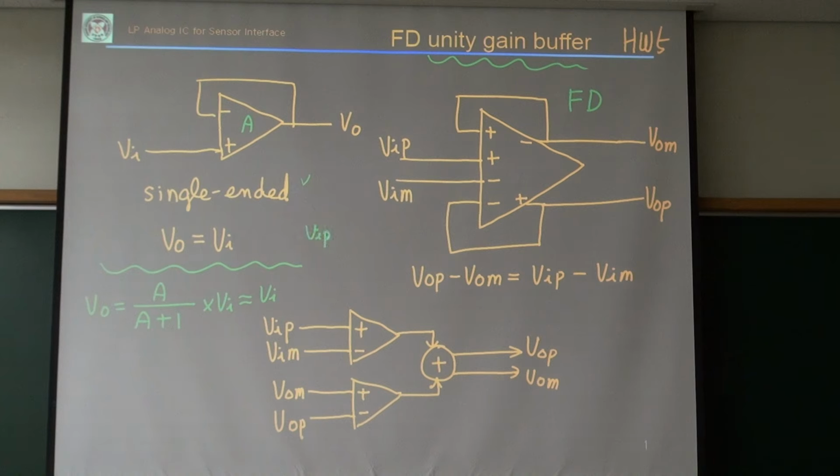I connect VIP to VOM and the negative input to VOP, and then this input and output are shorted together. This is not a circuit at all. So I need a 4-input circuit to make a unity gain buffer for the fully differential circuit.